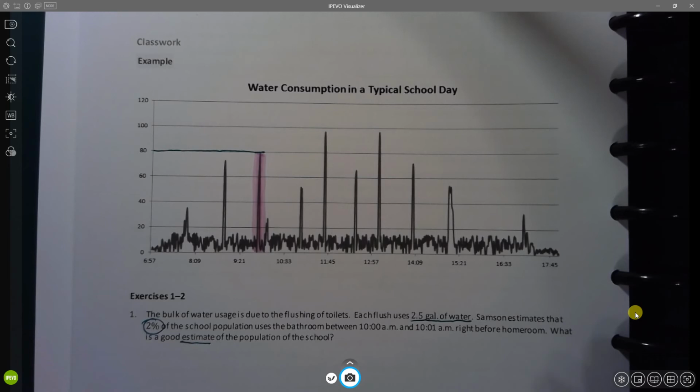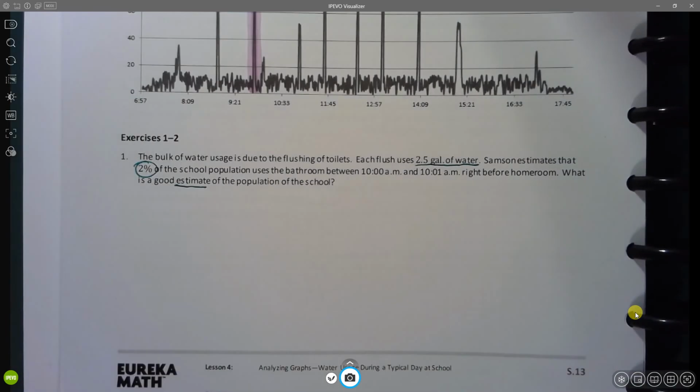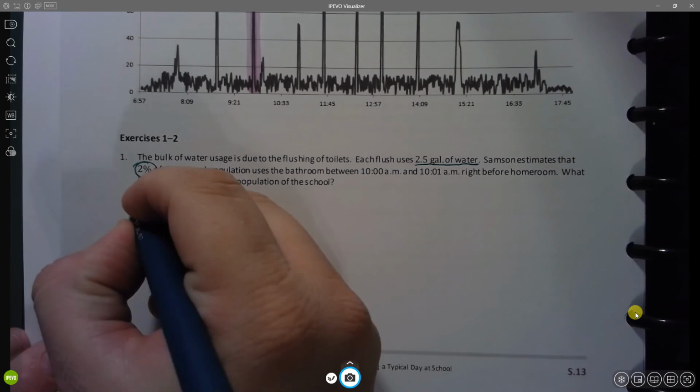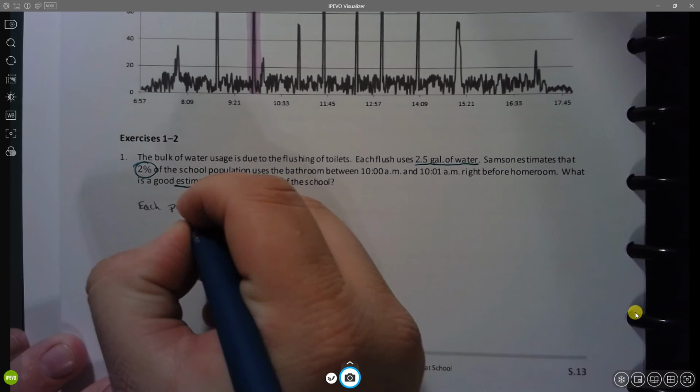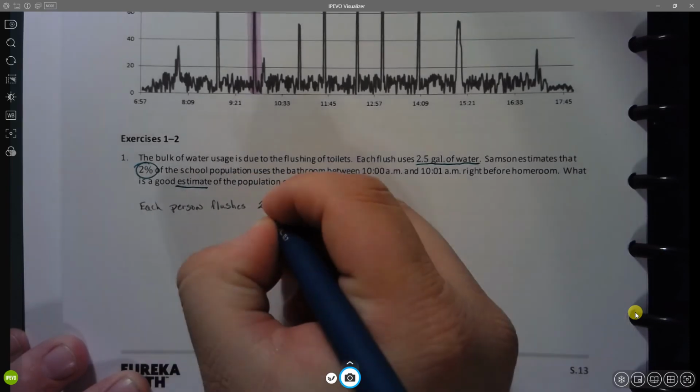Let me give you a little bit more room here. So each person flushes 2.5 gallons.